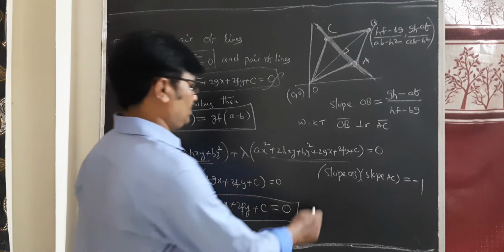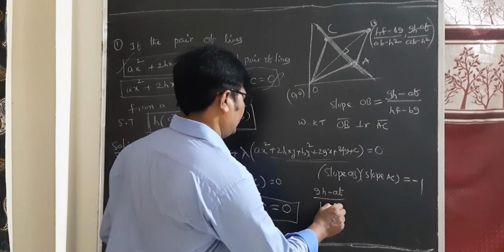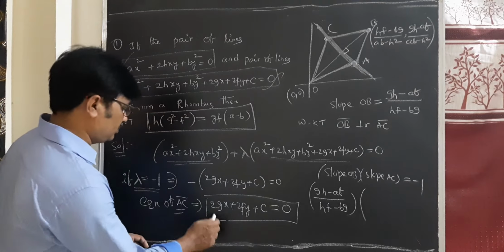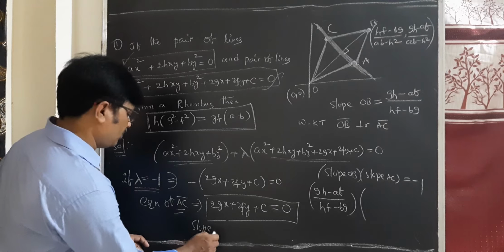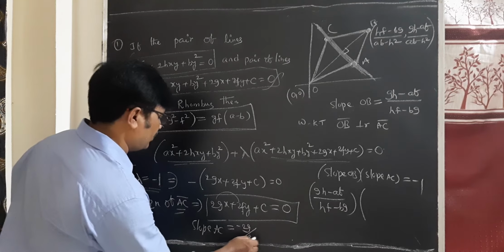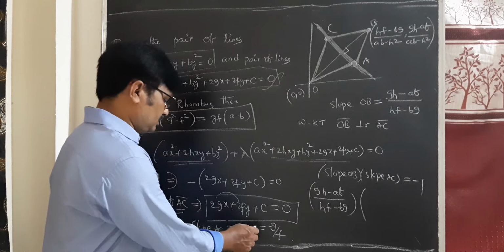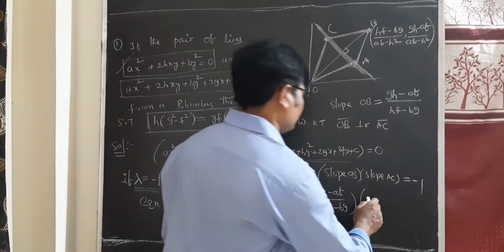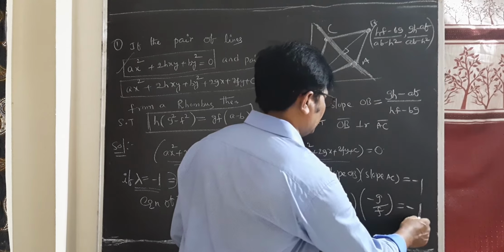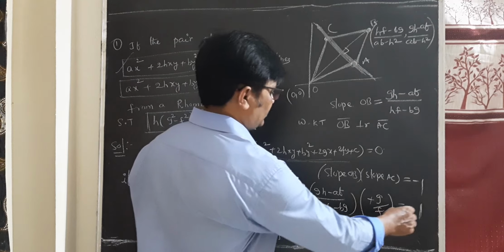The slope of OB is (gh − af)/(hf − bg) and the slope of AC is minus 2g/2f, which is minus g/f after the 2 cancels. So minus g/f equals minus 1 on the second factor, and we multiply both sides by minus.